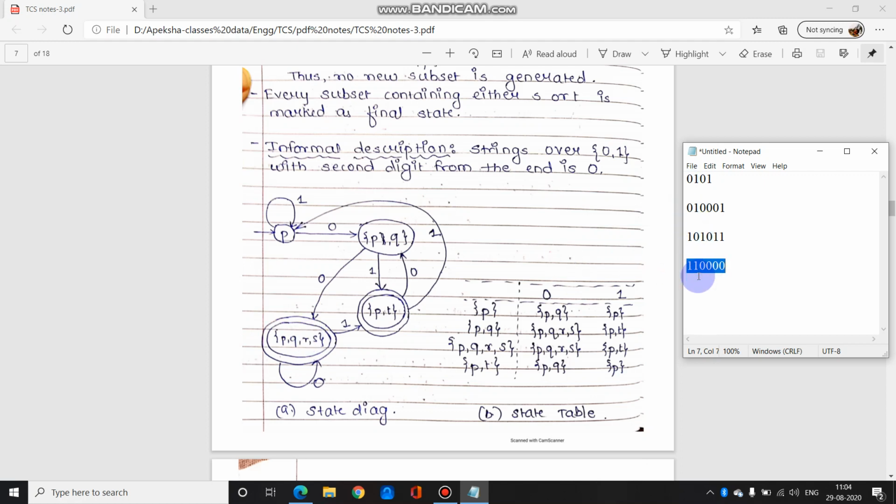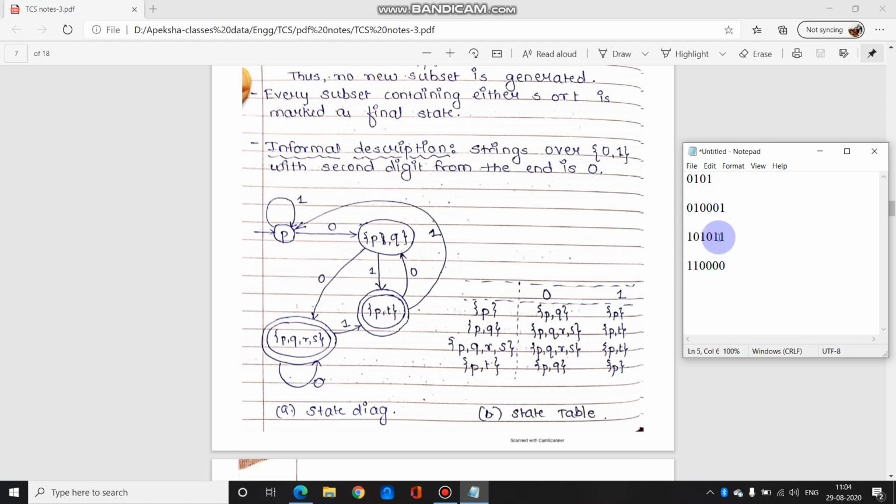So from all these examples, you see one thing in common, that the second last digit of the string is 0. See, over here it is 0. Over here, second last digit is 0. Second last digit is 0. All the strings where the second last digit is 0 are acceptable because they lead to the final state.